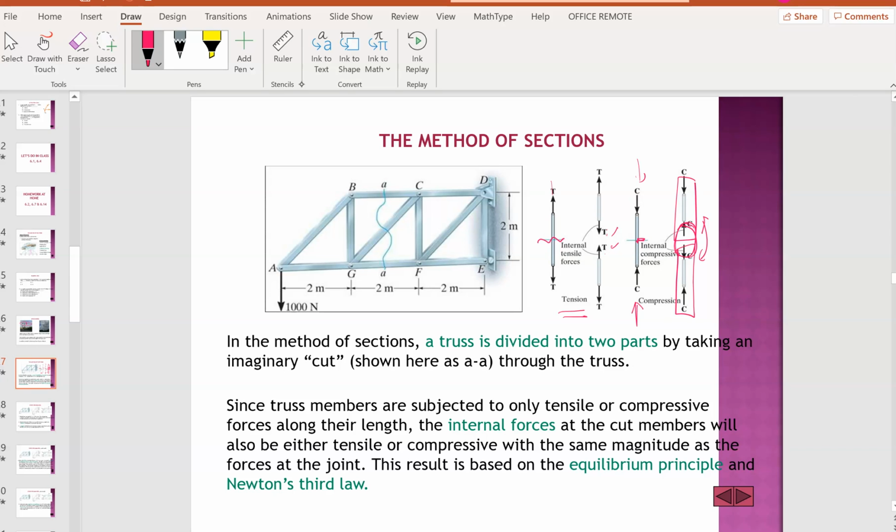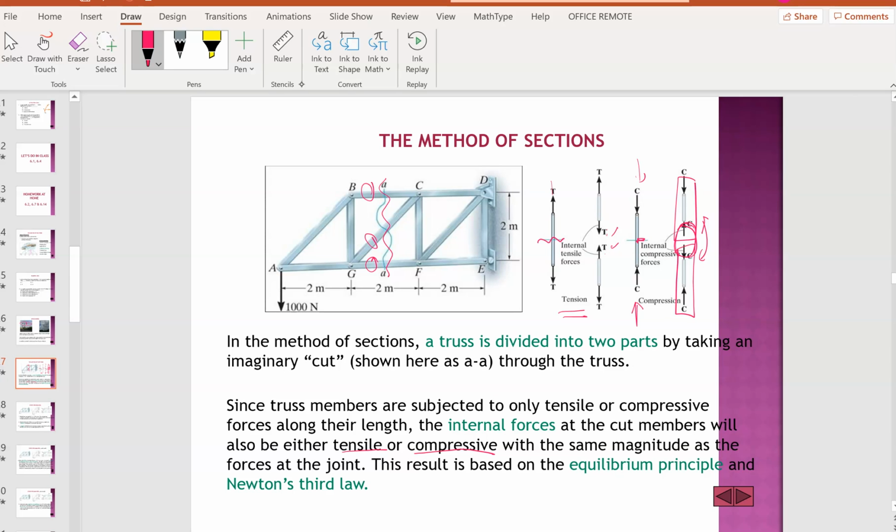So in the method of sections, a truss is divided into two parts by taking an imaginary cut. It's an imaginary cut. Why? Because you want to study what's happening here, and what's happening here. Since the truss members are subjected to tensile and compressive forces along their length, the internal forces at the cut members will be either tension or compression.